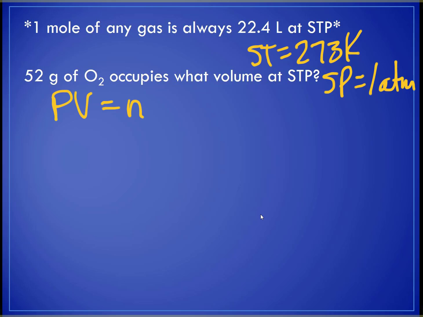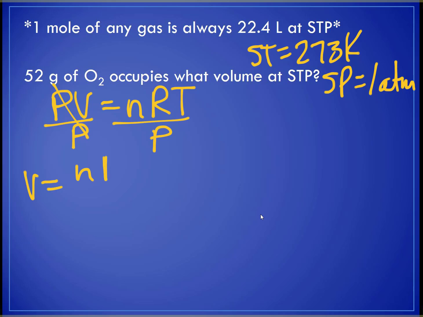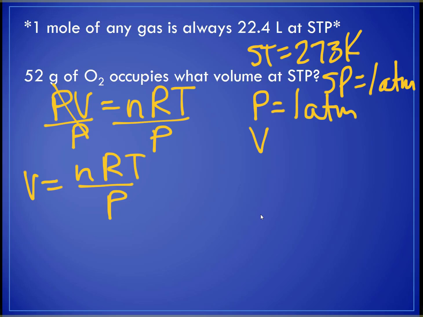52 grams of oxygen occupies what volume at standard temperature and pressure? So here's PV equals nRT. And I want to solve for volume. So I'm going to divide each side by pressure. And I get volume is equal to nRT over P. So let's identify what each thing is. So we do know our pressure. Our pressure is 1 atmosphere. Our volume is what we're trying to find.